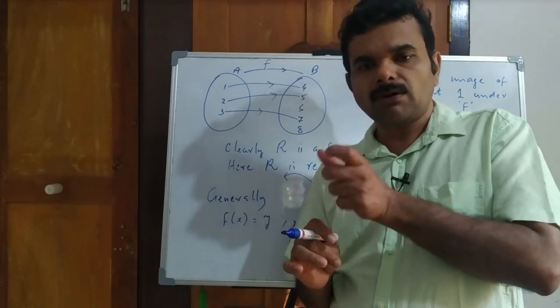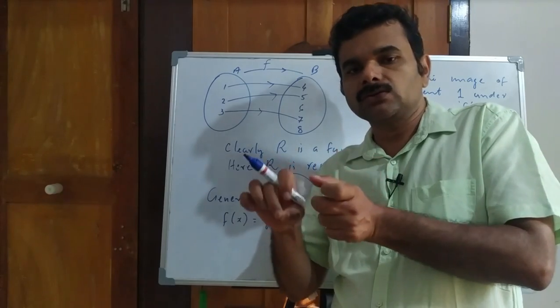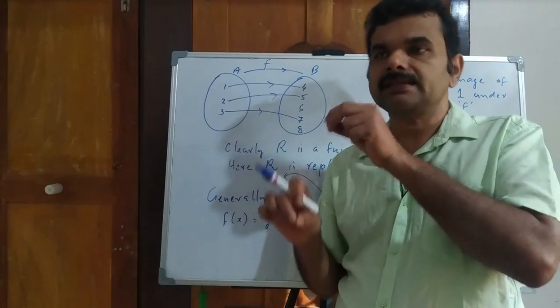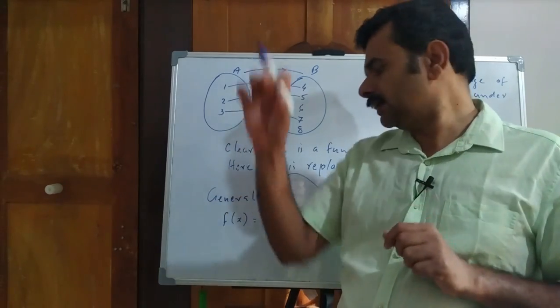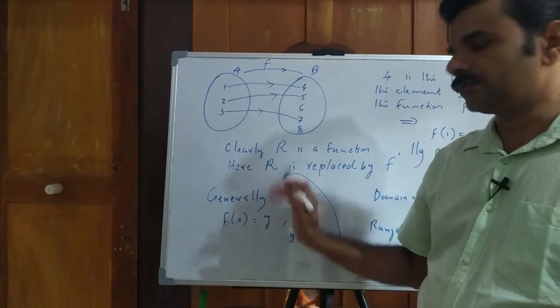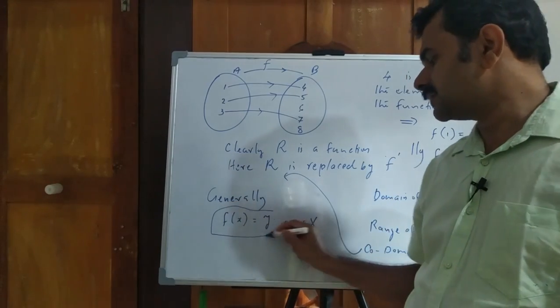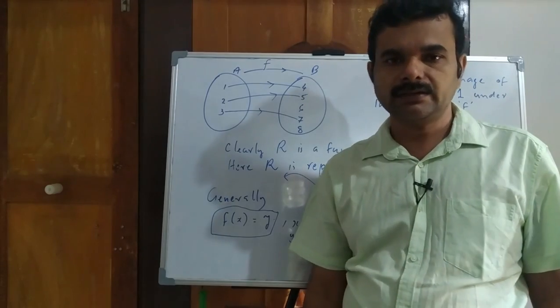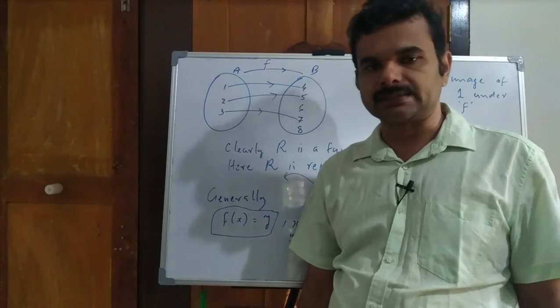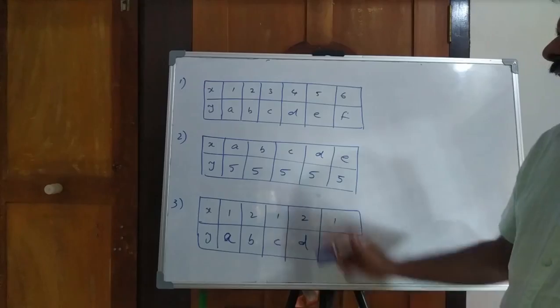See, small y belongs to capital Y. Small y can be seen along capital Y and small x can be seen along capital X. F of x equal to y. This is the general notation for graphical representation of a function f.